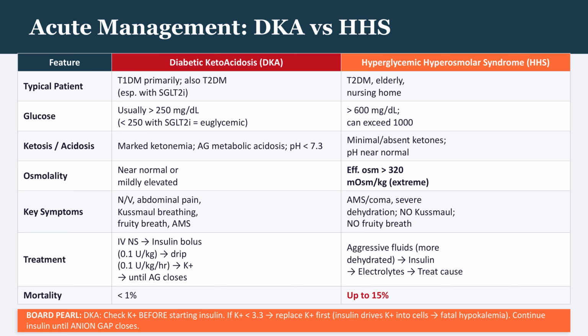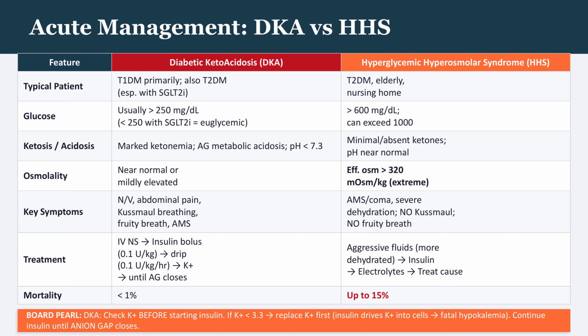The presentation is the acidosis picture: nausea, vomiting, abdominal pain, small respirations where they're breathing deep and fast to blow off CO2, and that fruity acetone breath. Labs show glucose usually over 250, an anion gap metabolic acidosis, and elevated beta-hydroxybutyrate.